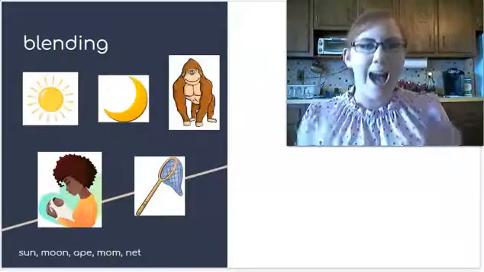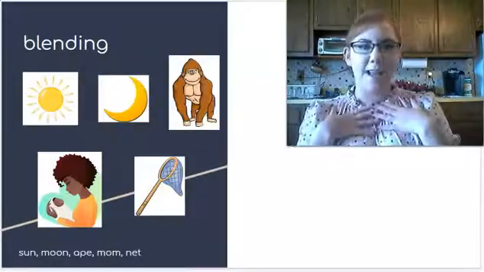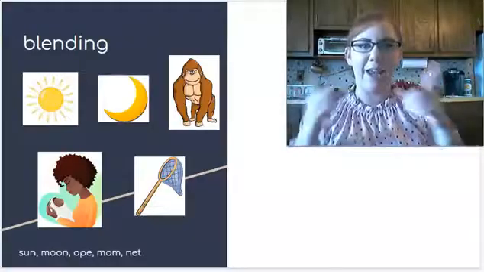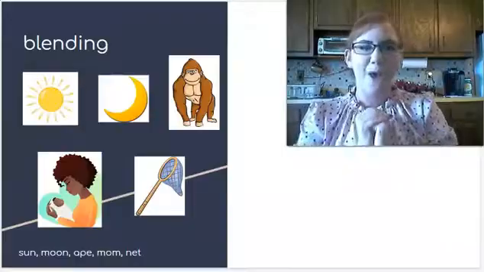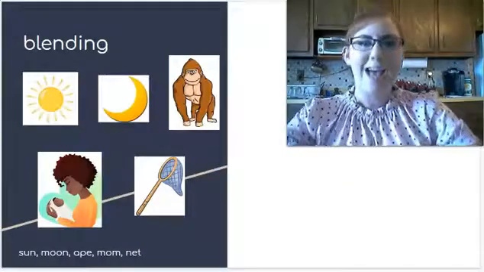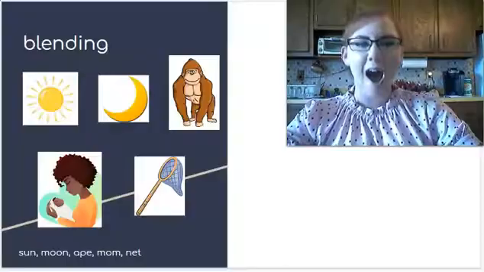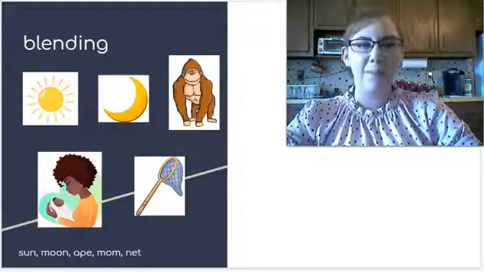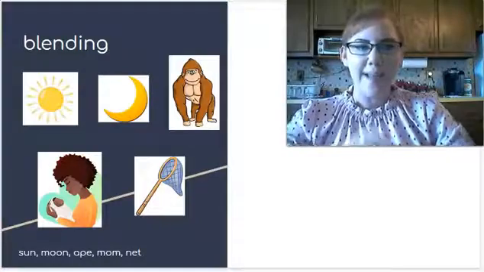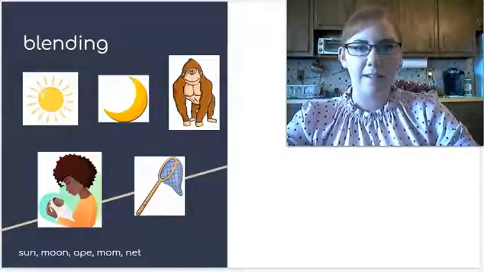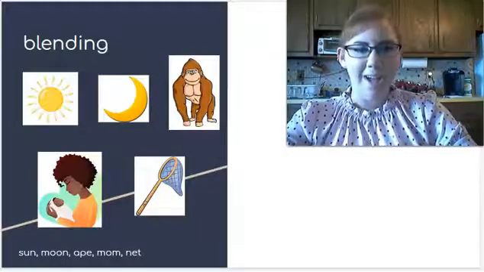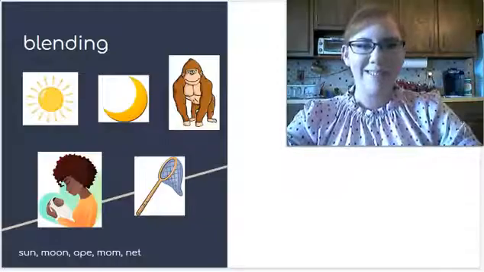For the blending, I'm going to say the sounds segmented and you're going to blend them and tell me the word. First word is... You blend it. Sun. You got it.